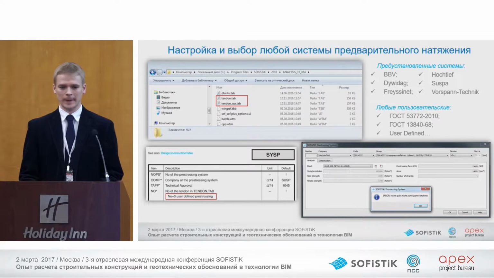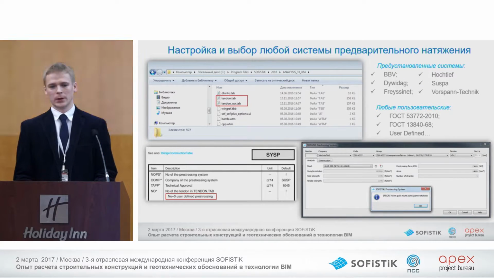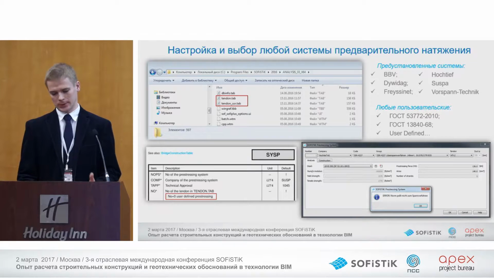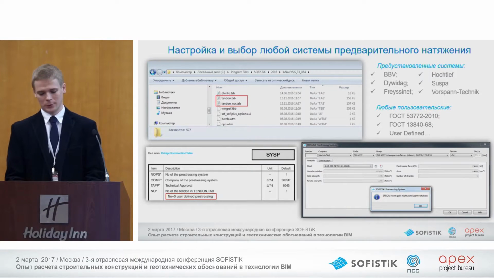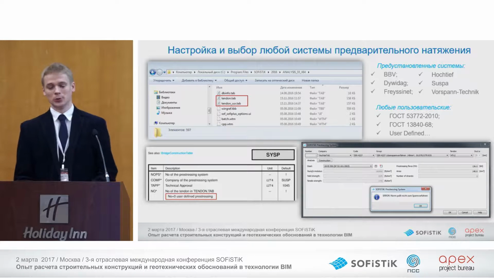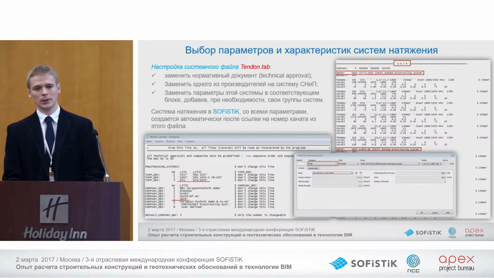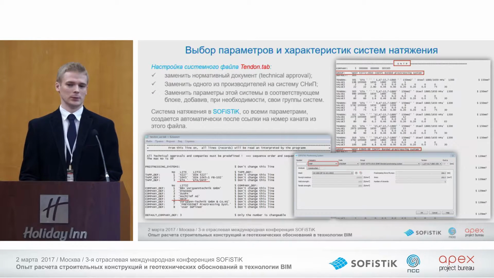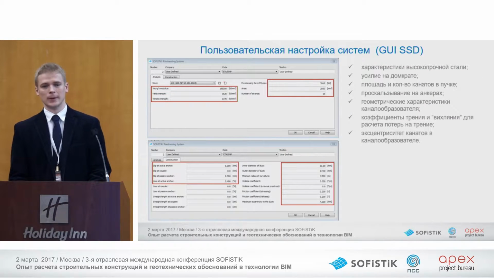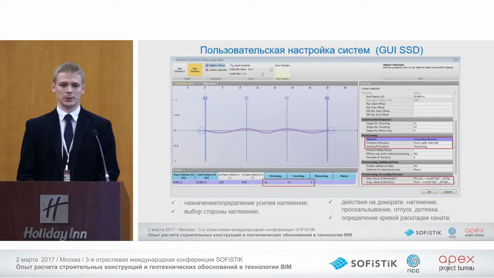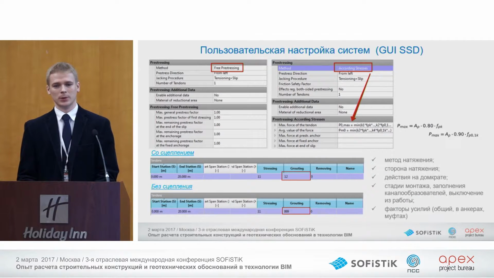But you can create your own drop-down list with your settings, with your companies, with your subcontractors. And so you can use your customized data. It's not possible to make a mistake here, and all of these results will be retained, and you will be able to use them further.